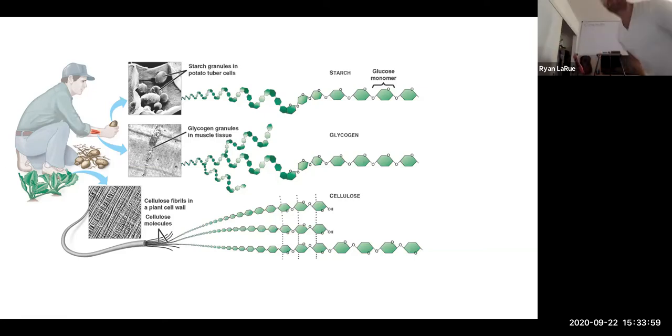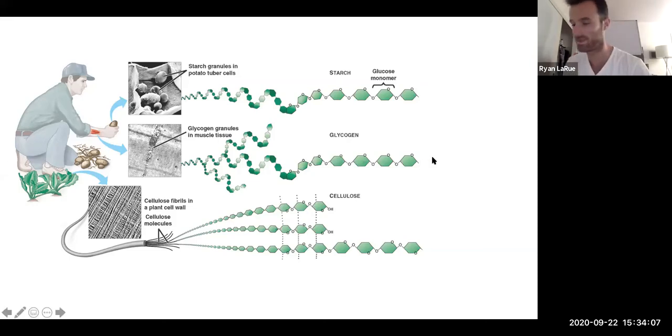And there are three very, very important polysaccharides of this kind that I want to talk to you about. The first one is starch, here on the top right. And starch is a chain of glucose molecules bound together.